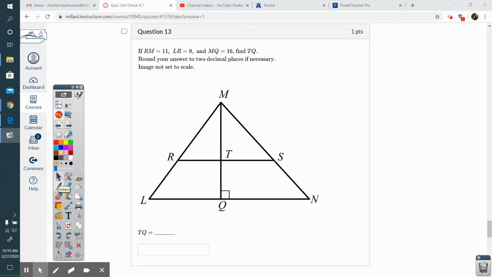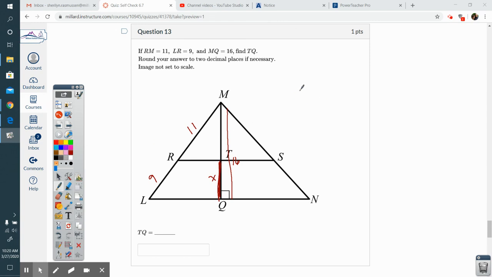All right, so now we've got RM is 11, LR is 9, MQ, the whole thing, I'm just going to do the line here so I know, and find TQ. Call it X. From here to here is what we're trying to find. We set that up as this, and we have these corresponding sides and such.